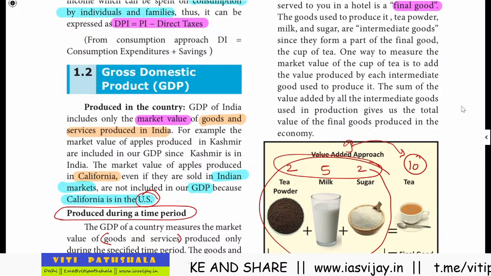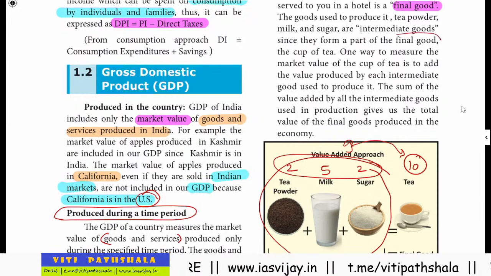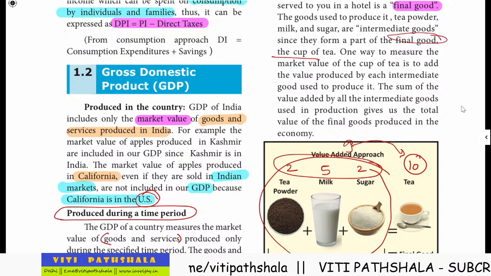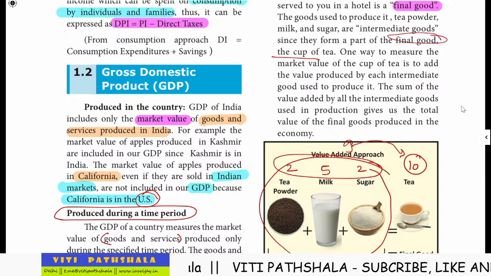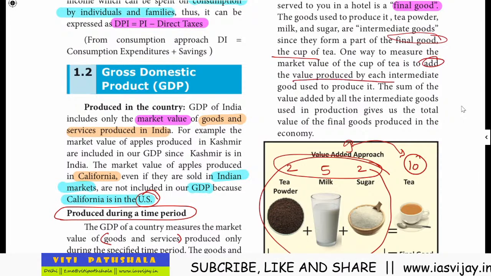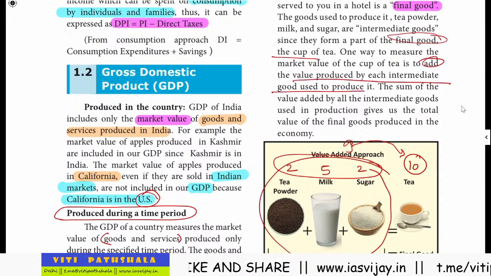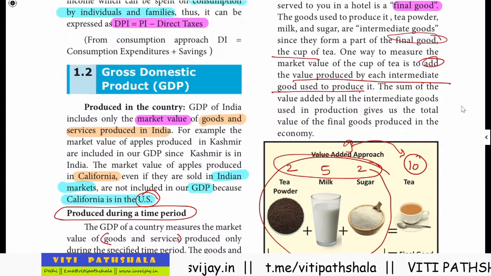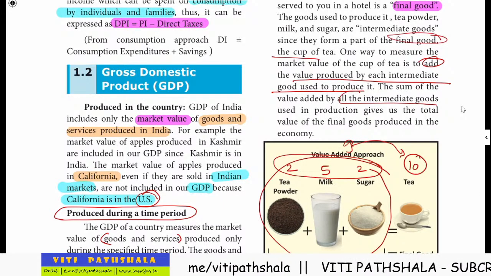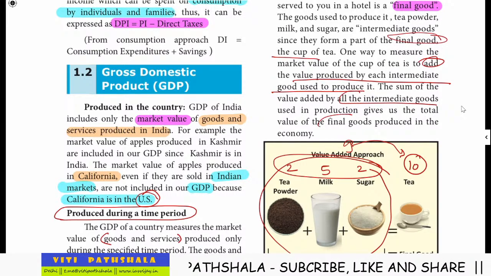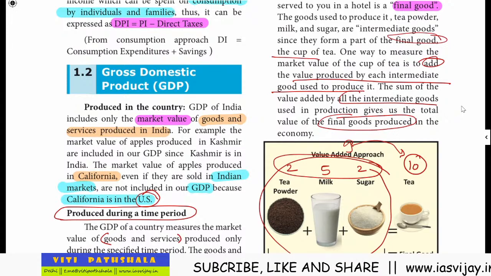Now, since they form a part of the final good, the cup of tea, one way to measure the market value of the cup of tea is to add the value produced by each intermediate good used to produce it. The sum of the value added by all the three intermediate goods used in the production gives us the total value of the final goods produced in the economy.